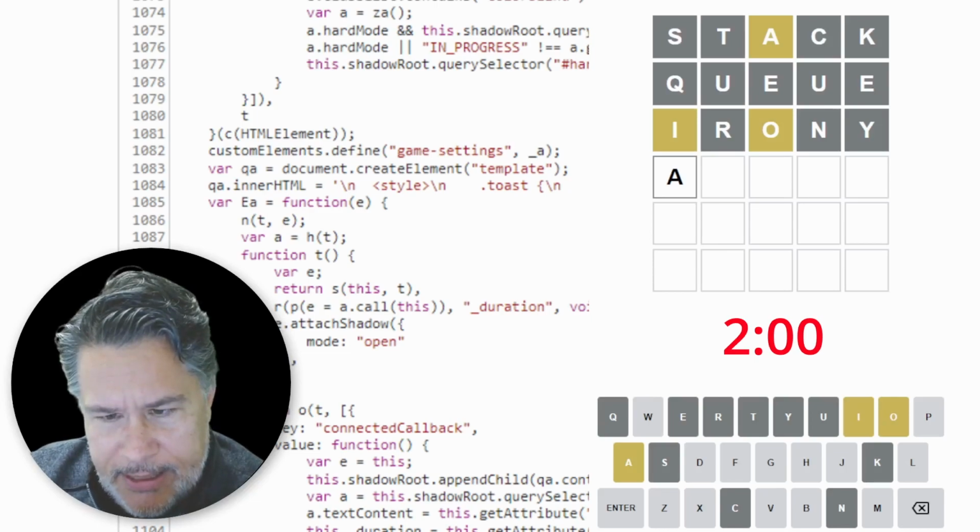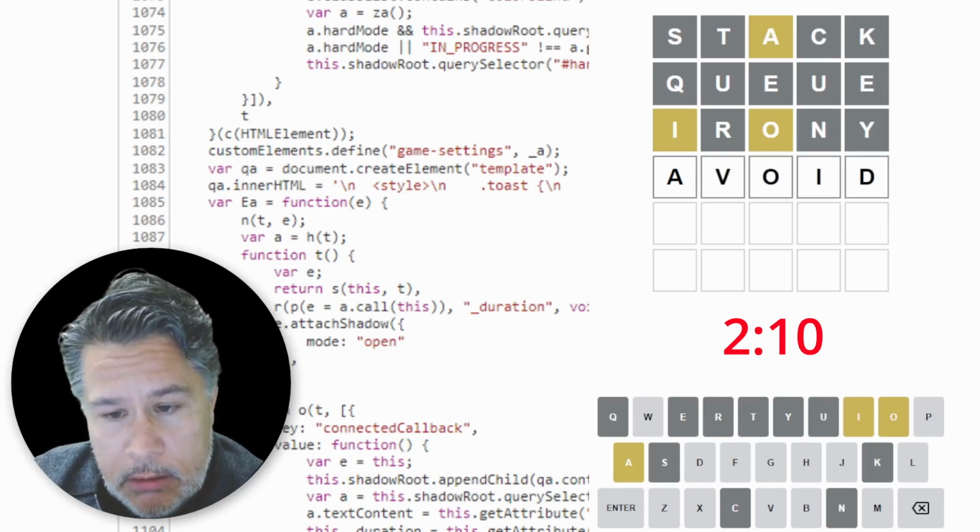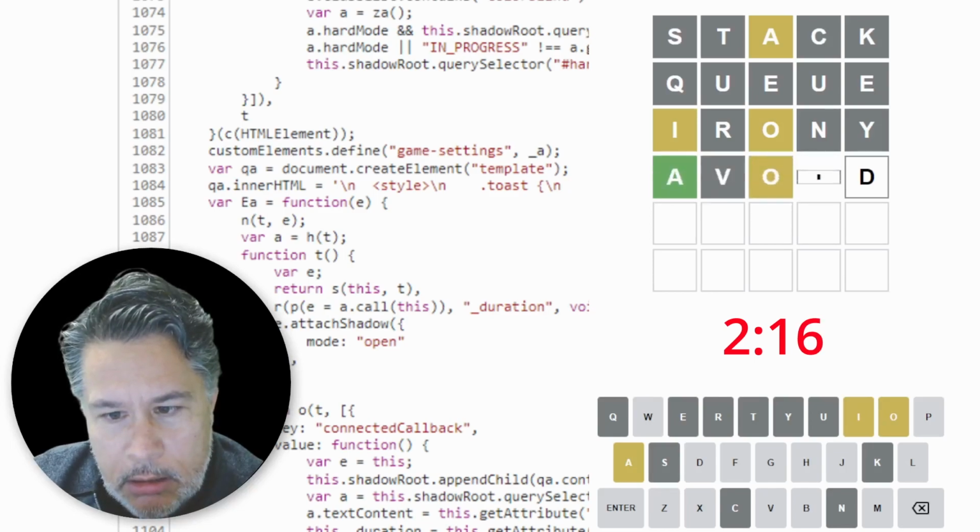Oh boy. If it were an A, of course. Avoid. Could it be avoid? Avoid. Why not? Let's give it a shot.